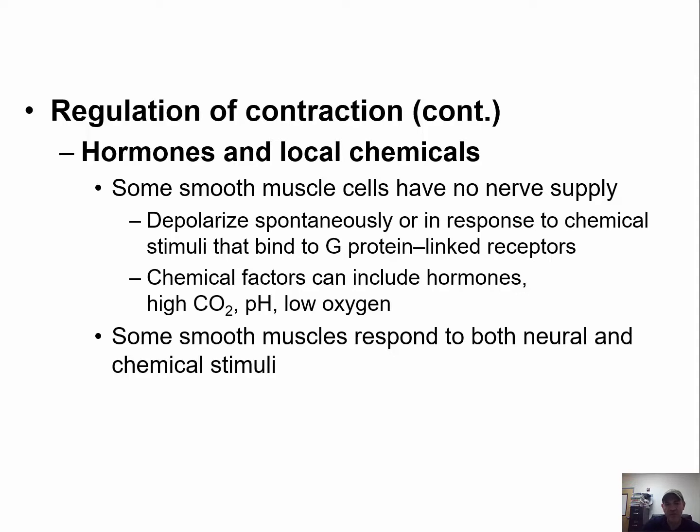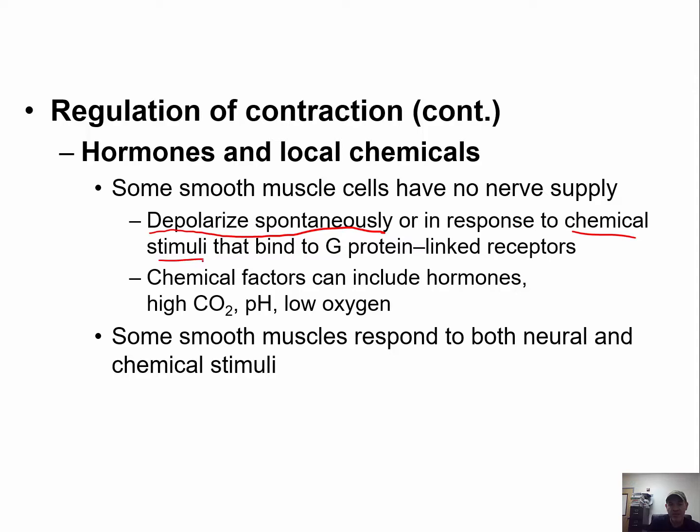Some smooth muscle cells are not going to have any nerve supply. So how are they going to contract? One is pacemaking ability. Remember that some smooth muscle can depolarize spontaneously with a pacemaker action. Or they can depolarize, not spontaneously, but in response to some chemical stimulus.